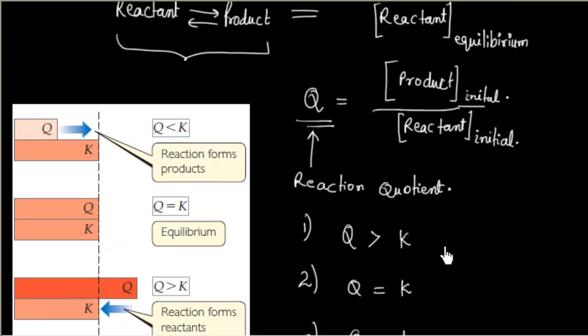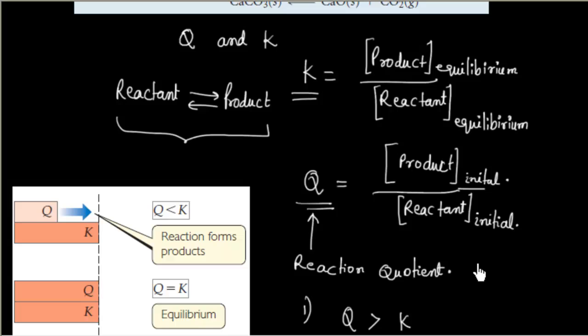So let us say the first case, Q is greater than K. This means the concentration of product is greater than the concentration of reactant. So how can Q become K? There is only one possibility, that Q has to reduce and then it can become K. To reduce Q, we have to decrease the concentration of product, that is, the reaction should go in this direction.